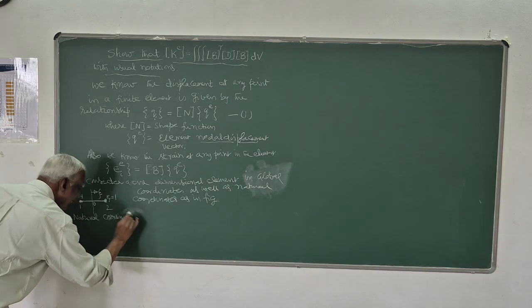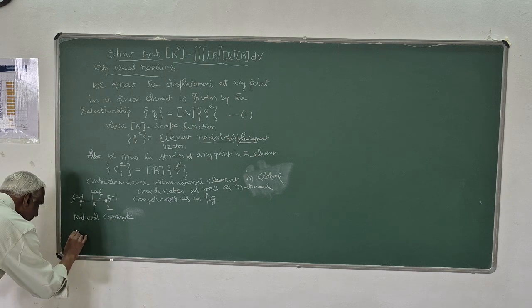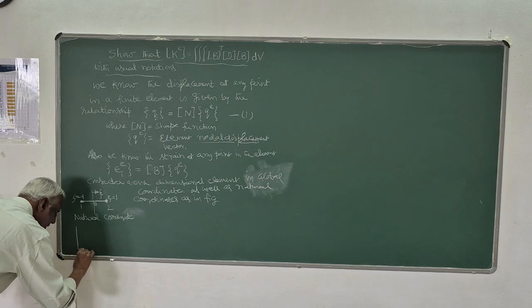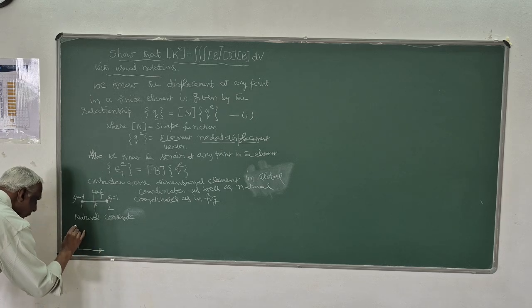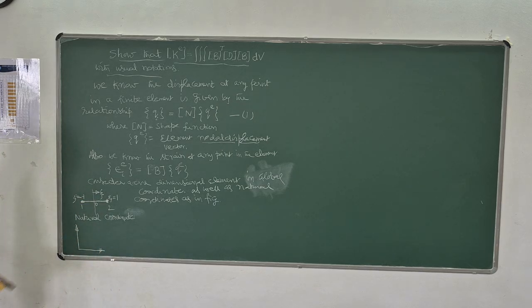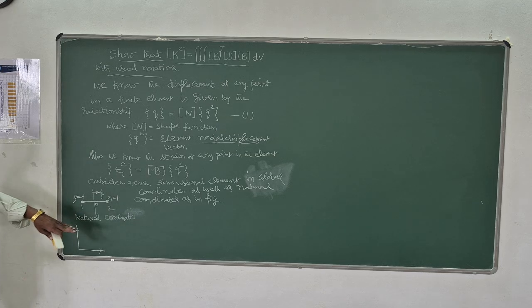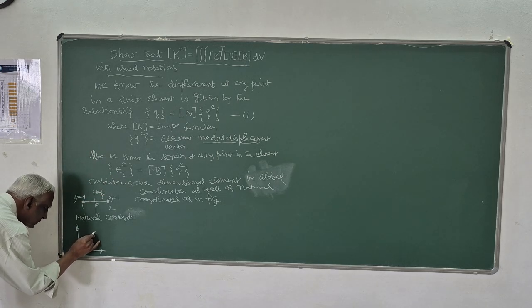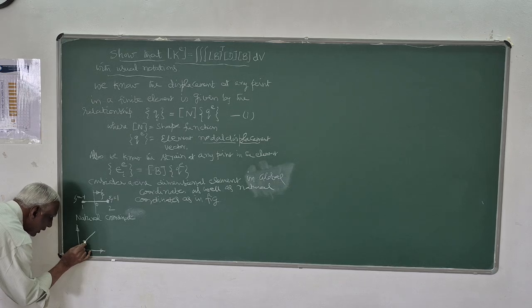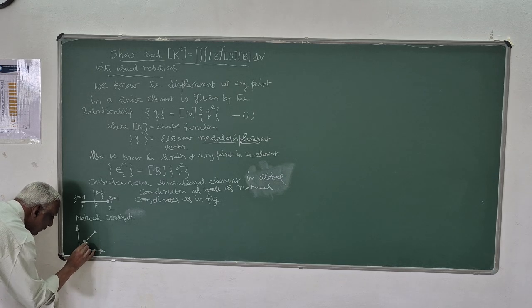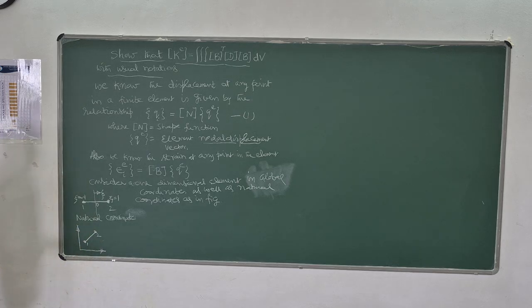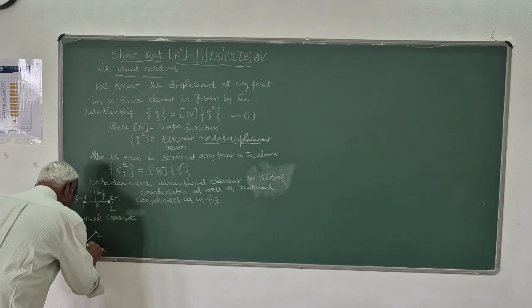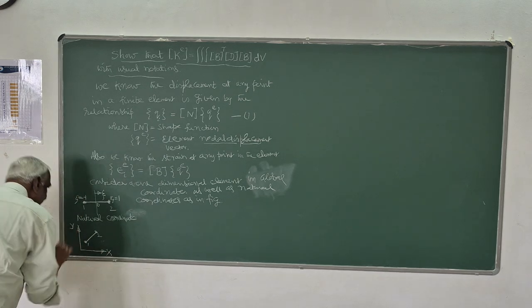In global coordinates, treating this element as isoparametric, it will assume an arbitrary shape, as I told you in the previous class. So this assumes some irregular shape like that, 1, 2. This is the global coordinate.